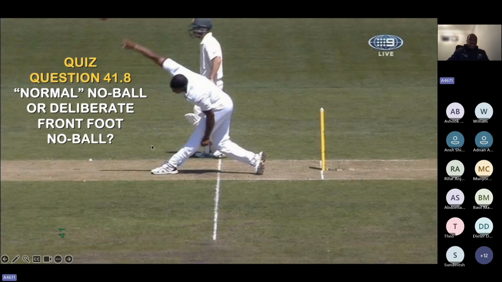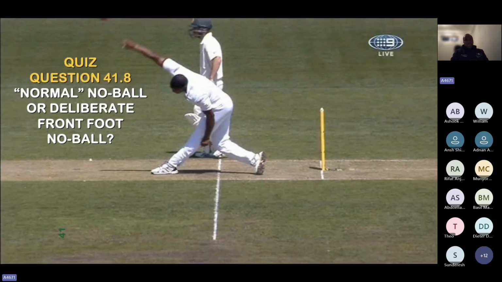This is probably going to be a beamer by the looks of it. So for me, this bowler is upset with the striker for whatever reason. Something happened earlier in the game, probably in that over, and this bowler wanted to hurt the batter. So this, for me, by the distance and also just judging by the flight of that delivery, is most definitely a deliberate front foot no ball.